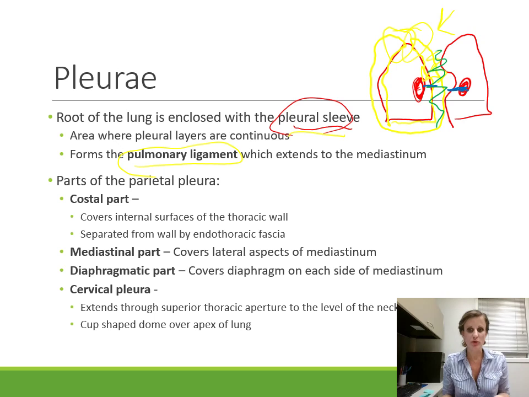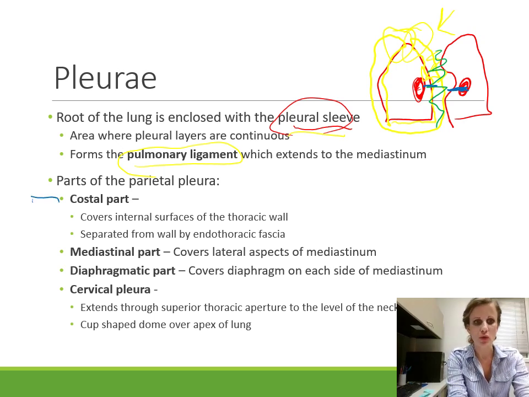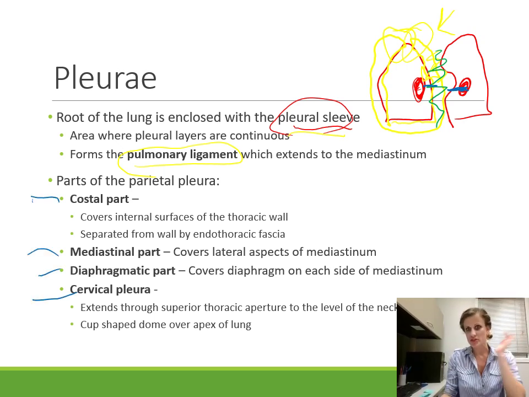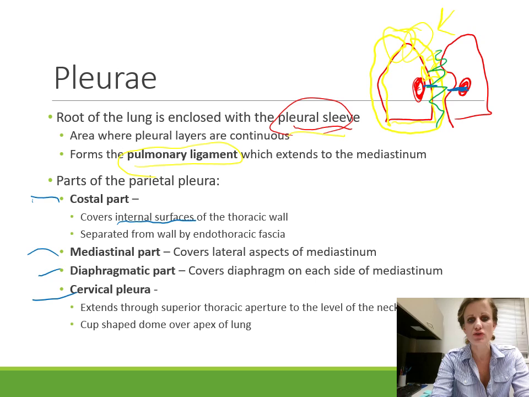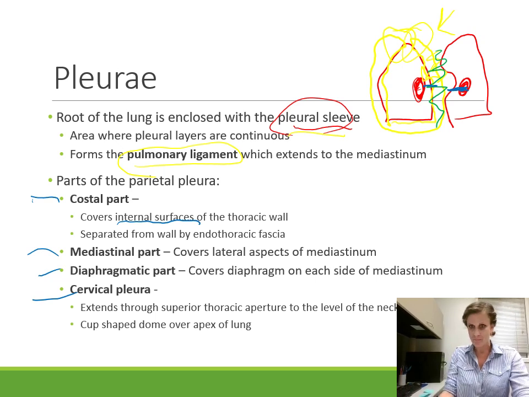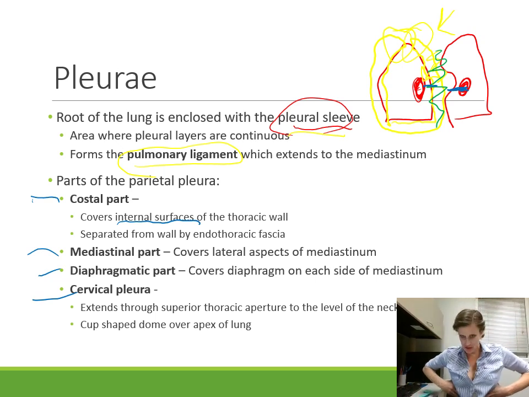Now, the parietal pleura can be broken up into four different regions, just depending on where it is and what it's lining. The costal part, the largest part of the parietal pleura, is lining the internal surfaces of the thoracic wall. So all of this was the thoracic wall.